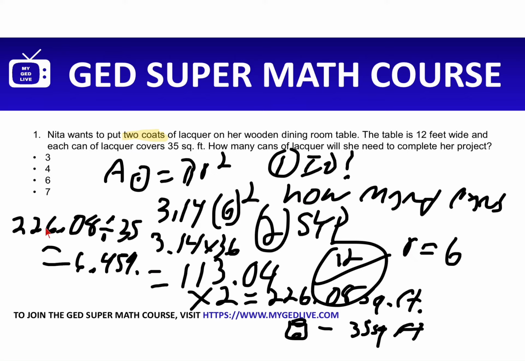And then we take that new amount of square footage that we'll have to cover on this wooden dining room table, and we divide that by 35 square feet because that's the amount of lacquer covered in each can. And then we get 6.459. And so now we round that up to 7 because they're not going to sell you 6.459 cans. They're just going to sell you 7 cans.